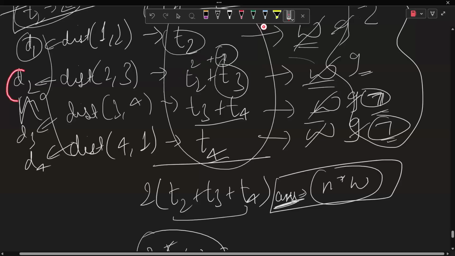Now, if for this d2, both t2 and t3 are known, then the value of this is fixed. If one of them is unknown, then you can assign the known values, which was 2, and for the unknown values, you can assign it as remaining. So it was 2 plus remaining, which was 7. 9 was the value of d2.